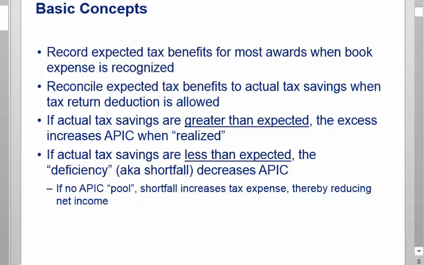So in my example, with the 110, there's a deduction of 10 that is above and beyond the DTA I had already set up. So the question is, what do I do with that extra 10 deduction? And the answer is, I reduce my payable by debiting payable, and I credit APIC, equity.